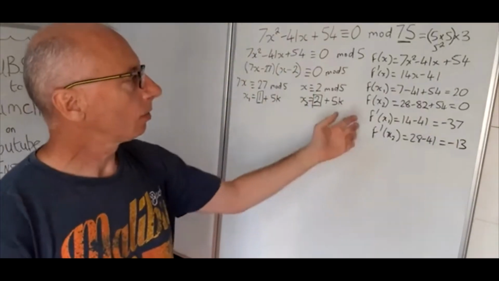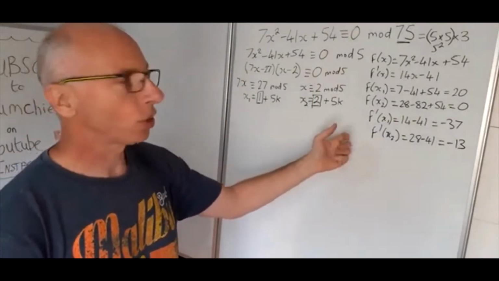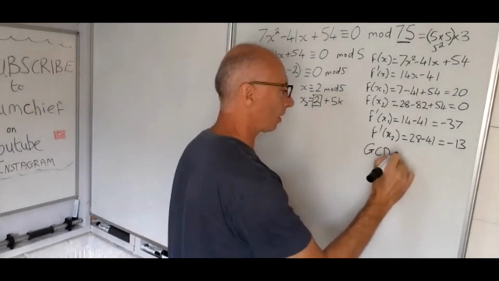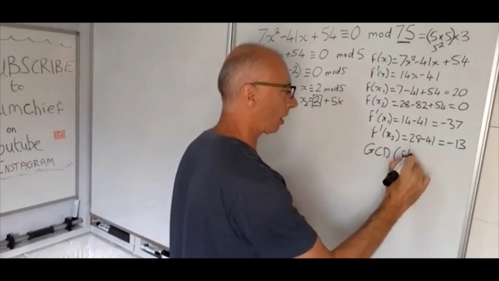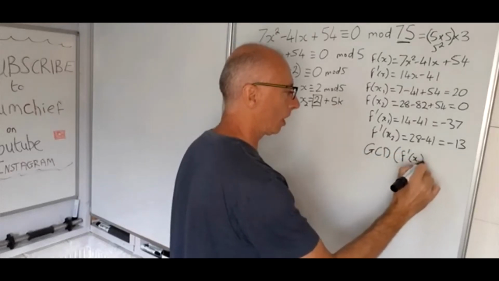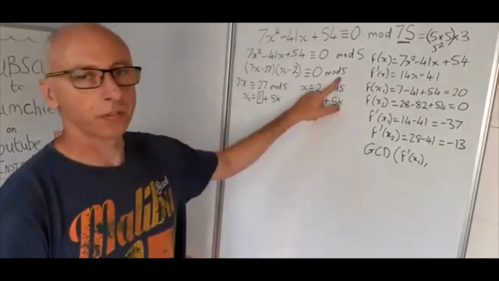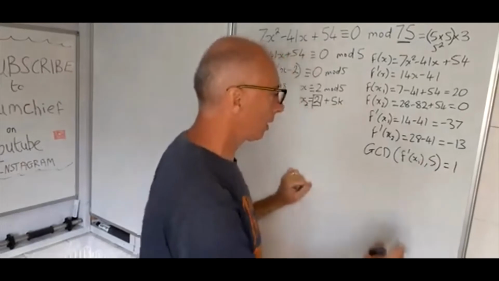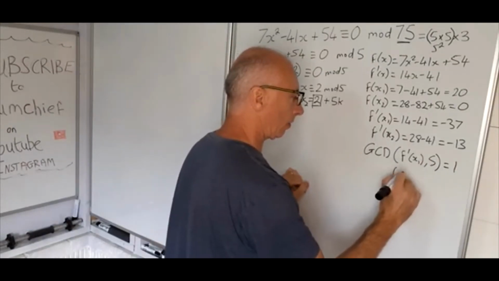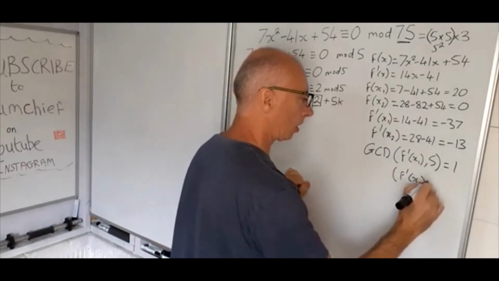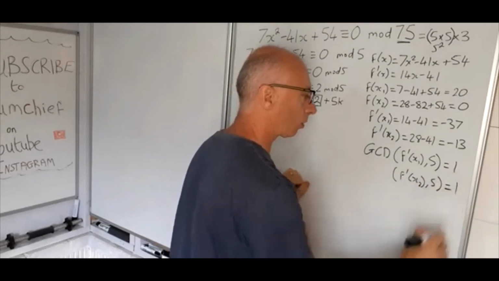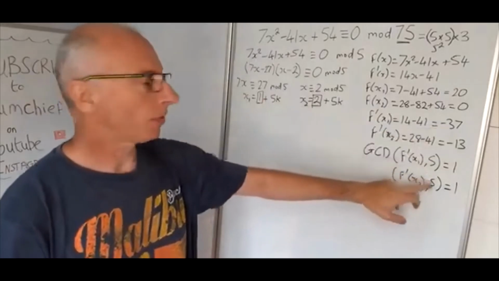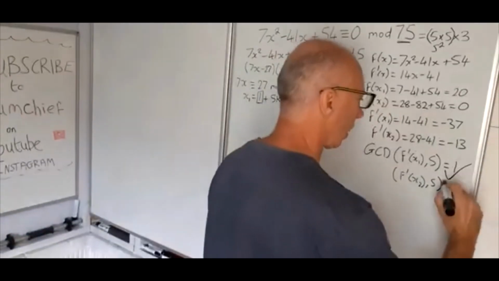Now, to use this lemma, we need to check a little condition. The greatest common divisor of f prime of x1 and the modulus, which is 5, equals 1. And the same for f prime of x2 and 5, that also equals 1. Minus 37 and minus 13 are not divisors of 5, so they check out, they're good.